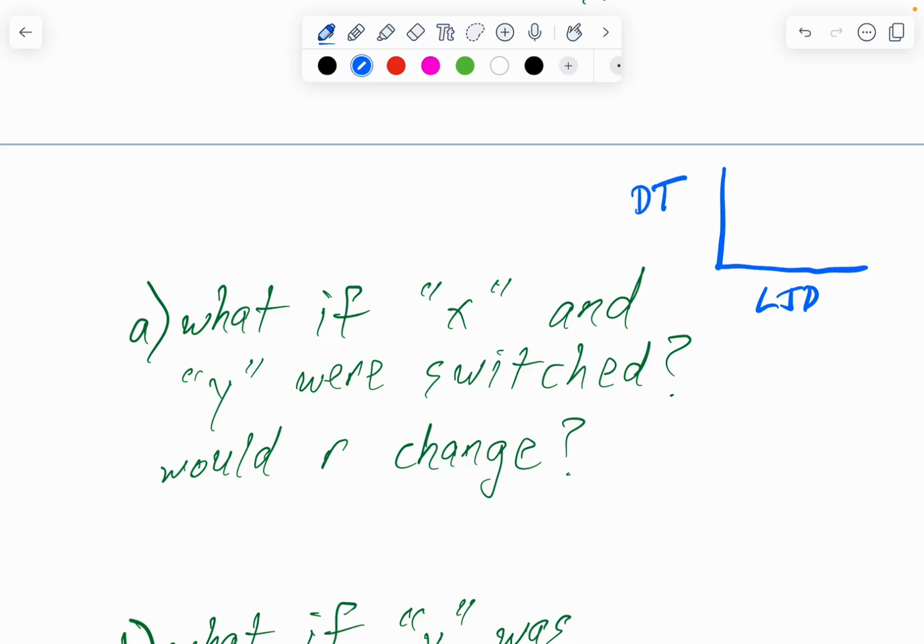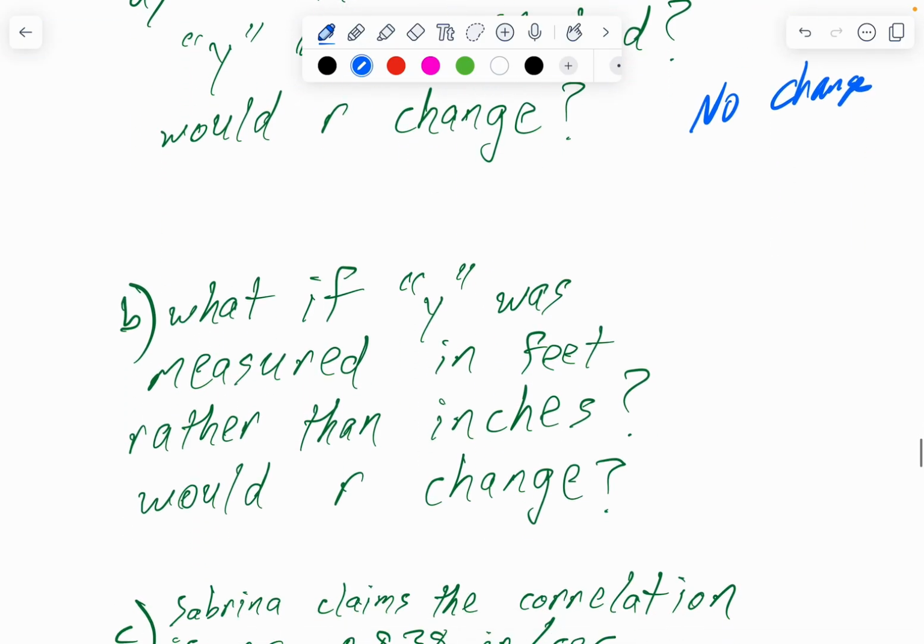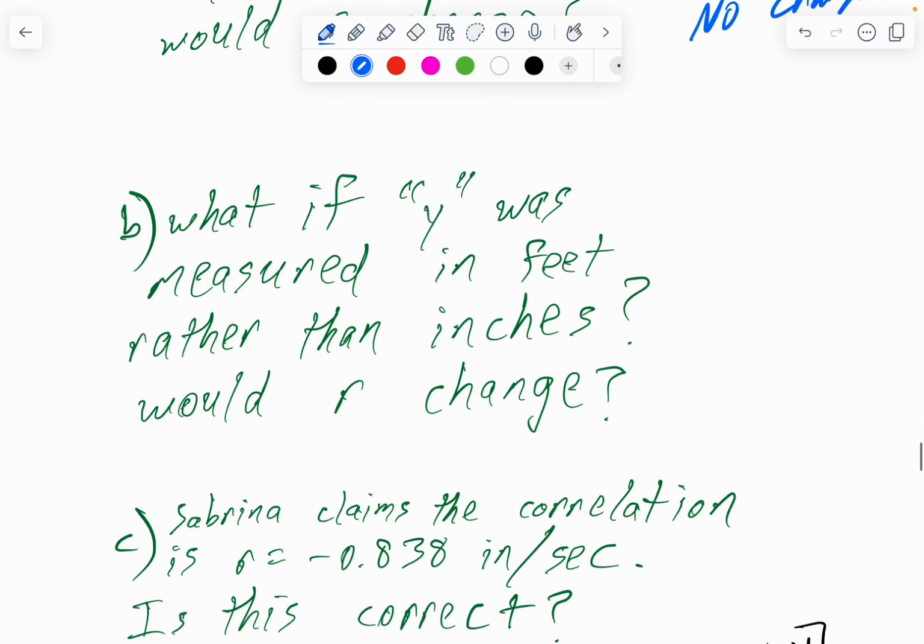Hey, it wouldn't. Okay? There'd be no change in correlation because correlation does not make a distinction between which one's x and which one's y, or which one's explanatory and which one's response. If you switch the long jump distance into feet, how is that going to impact the correlation coefficient? Again, no change in that because it's not impacted by changes of units of measure.